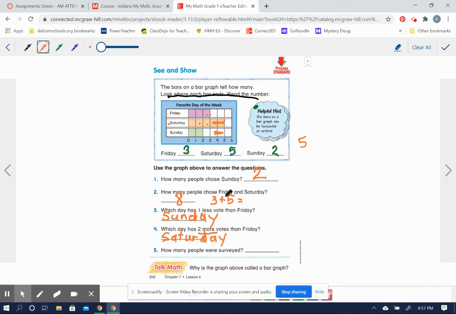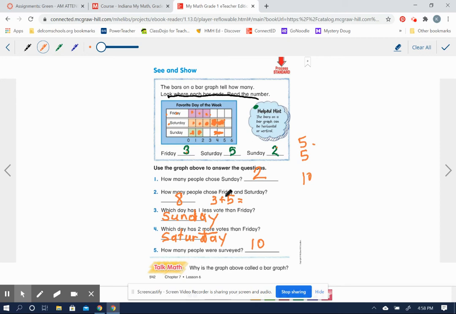And then 5 plus 5 is a way to make 10, isn't it? Okay, so the answer is 10 people were surveyed. Let's count the boxes just to make sure. 1, 2, 3, 4, 5, 6, 7, 8, 9, 10. All right, that is correct.